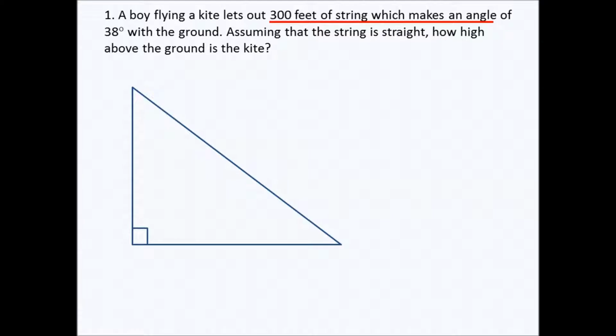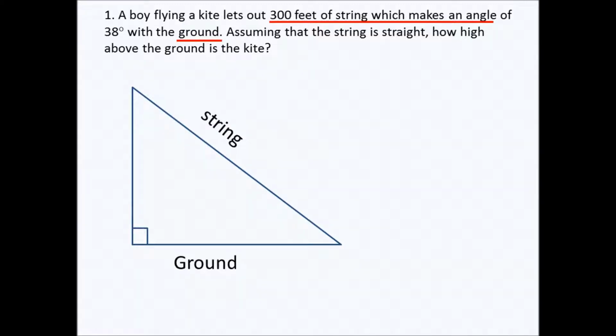So which part of the triangle represents the string? The hypotenuse. The string makes an angle with the ground, so it's the hypotenuse which represents the string. We're also told that the ground is involved, so the base of the right triangle is the ground.